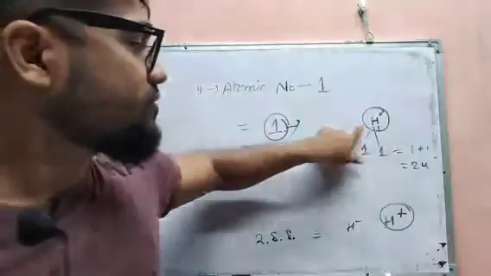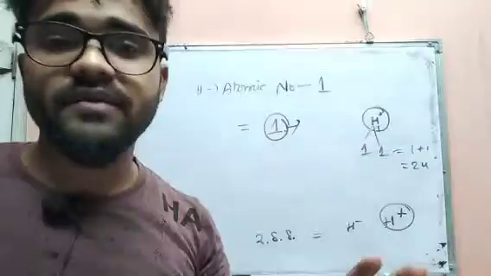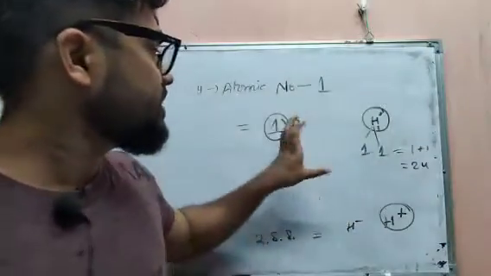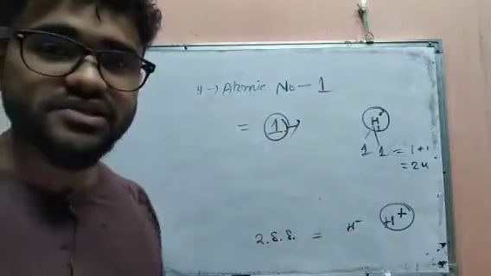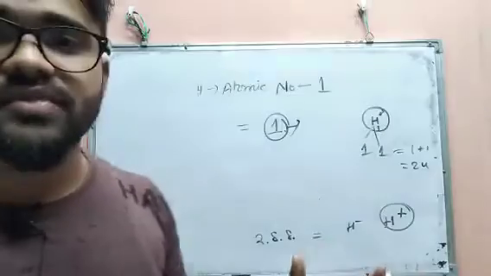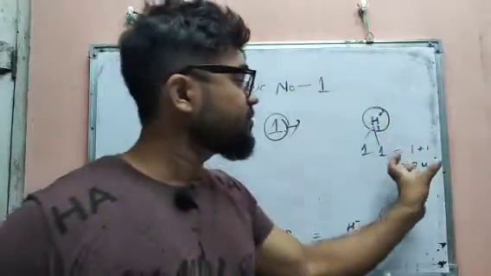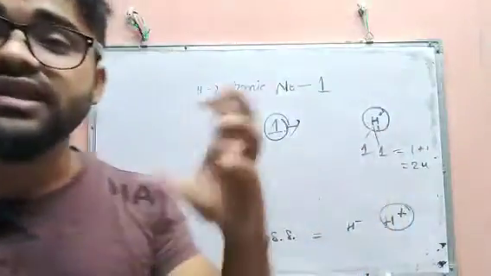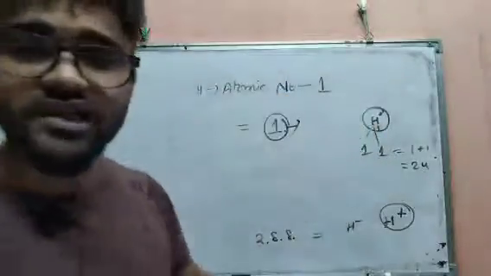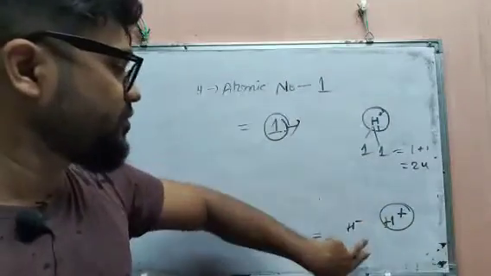Why does it become 2 units? Because the number of protons and the number of electrons is 1, and moreover hydrogen is a very small element, so if it accepts an electron it cannot bind it. The proton in the nucleus does not have the strength to keep one more electron, so it will release that electron to another atom and become H positive.